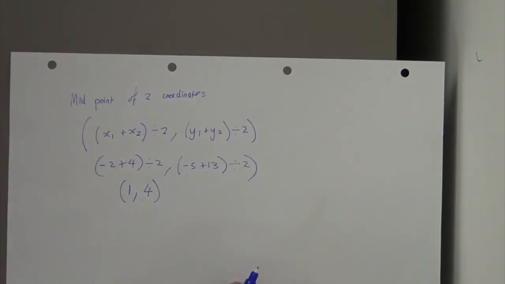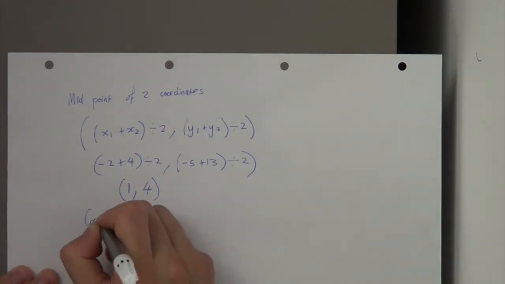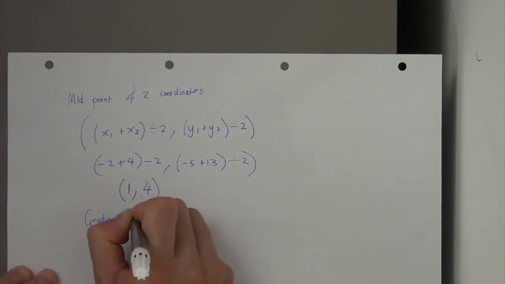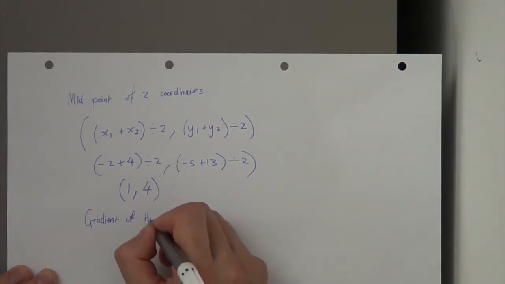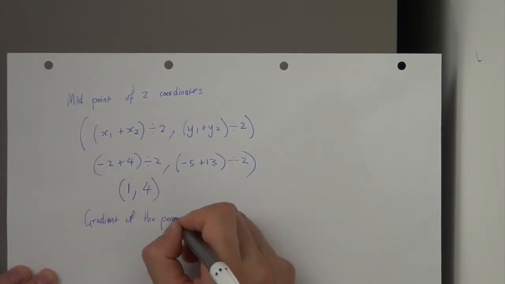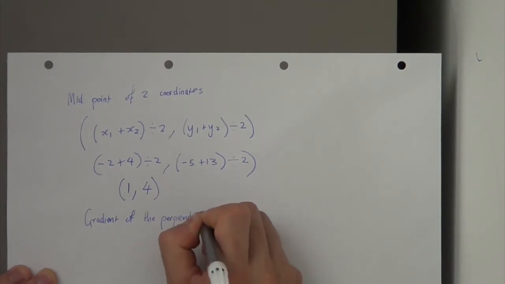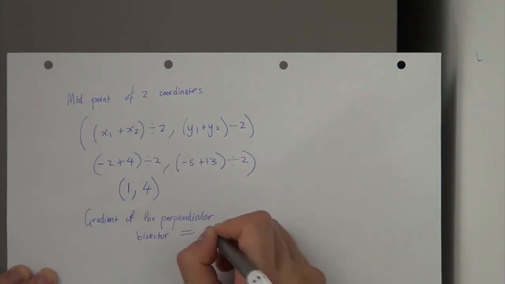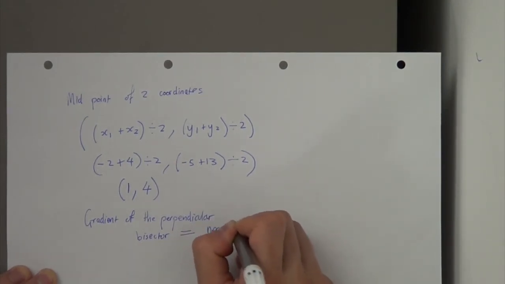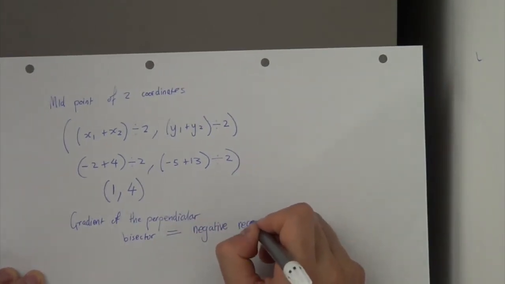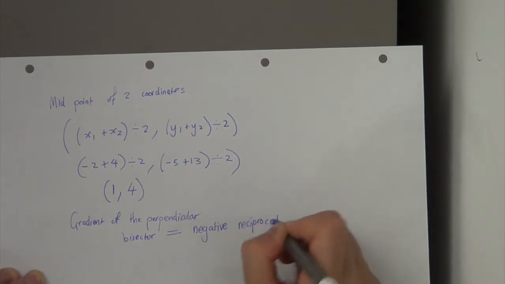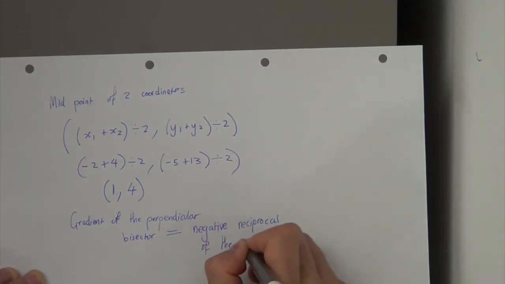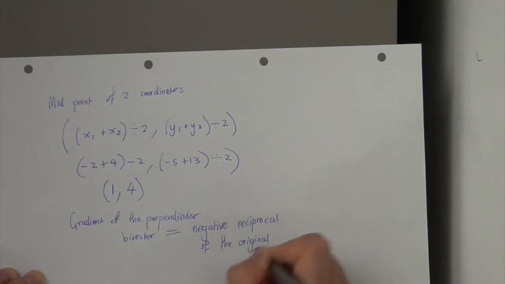Now the next thing to remember is that the gradient of the perpendicular bisector is equal to the negative reciprocal of the original gradient.